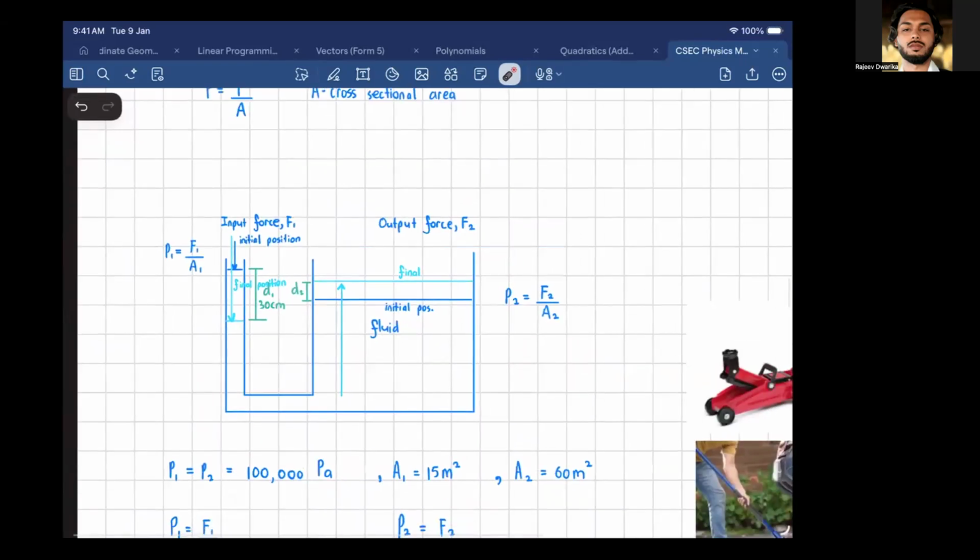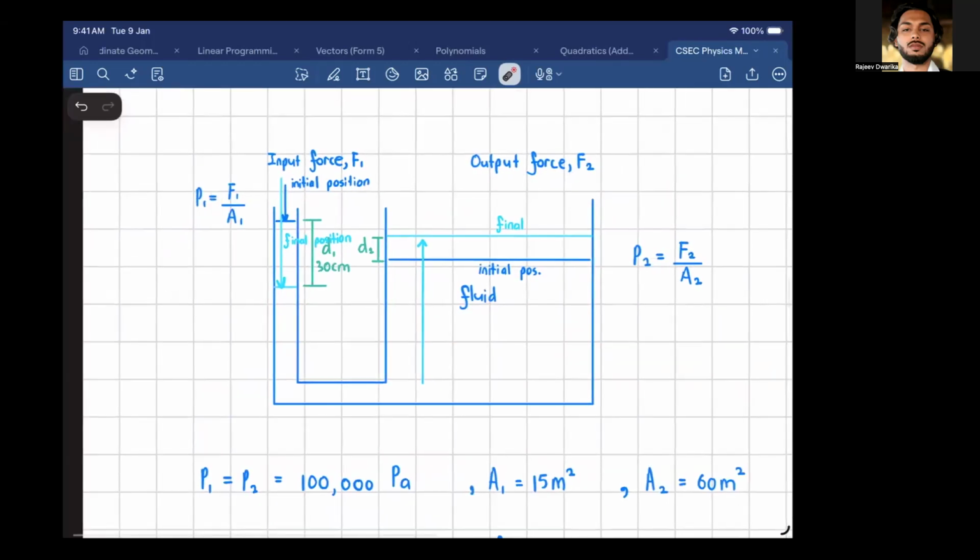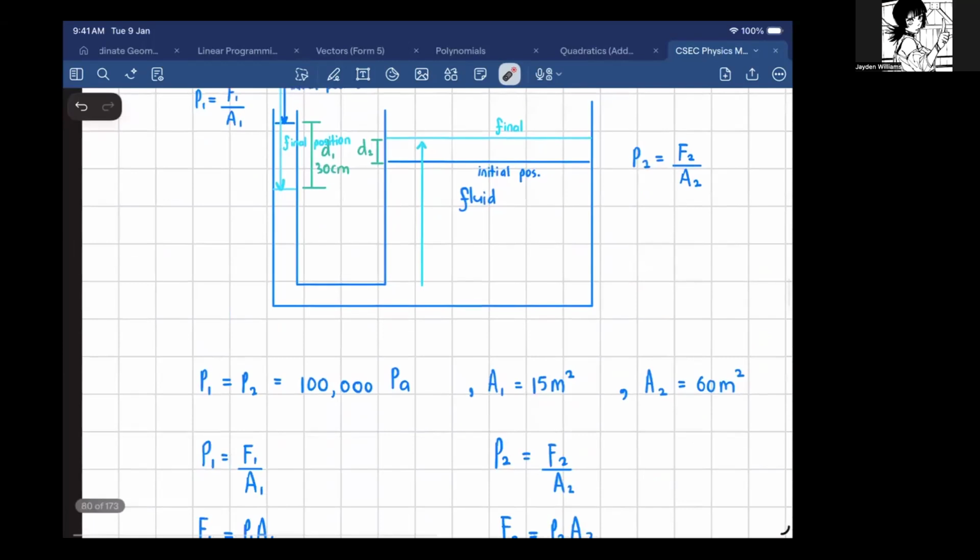So let's try to understand the theory. Jadon, you understand that you can't compress a fluid. So if you apply a pressure on one side of the fluid, the pressure at the other side needs to be the same. So P1, the pressure at this side, is equal to the pressure at this side. So P1 is equal to P2.